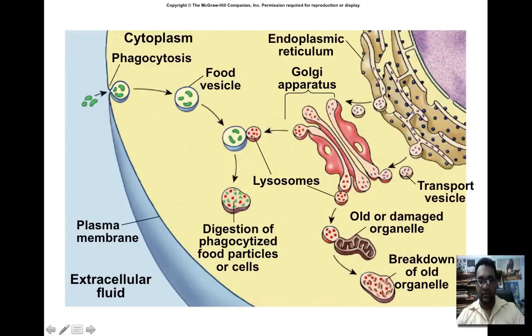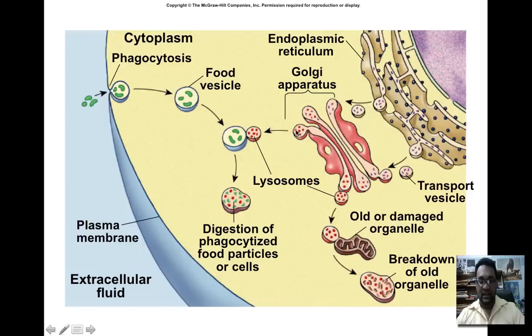The ribosomes would have synthesized the enzymes, and then the rough ER would have done some post-translational modifications. And once that has happened, it's then put in a transport vesicle and sent to the cis phase of the Golgi apparatus. The Golgi apparatus now will sort out all the proteins that the rough ER just sent them, and they will package them.